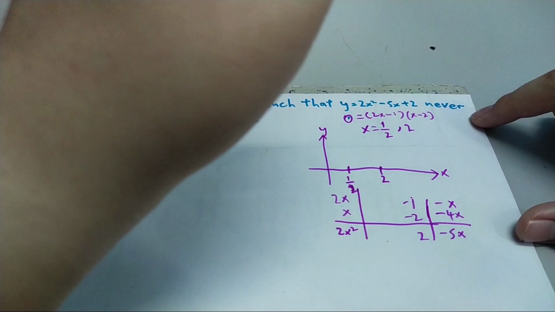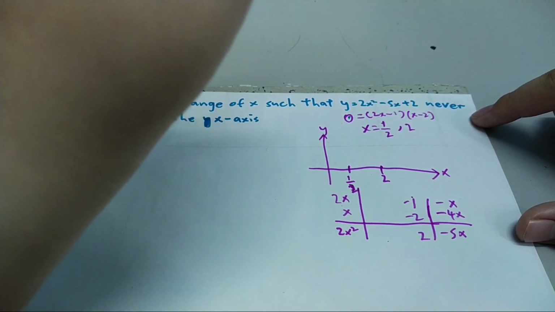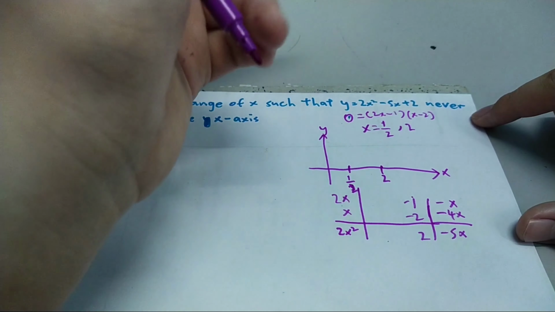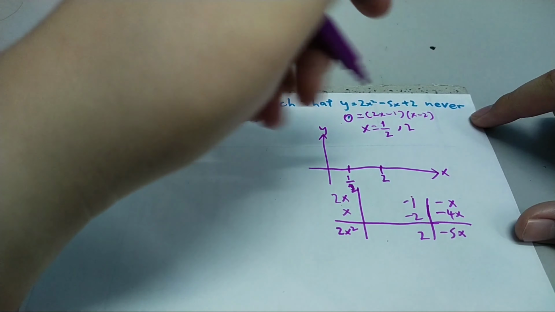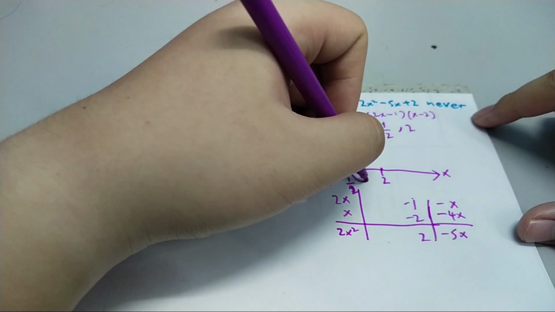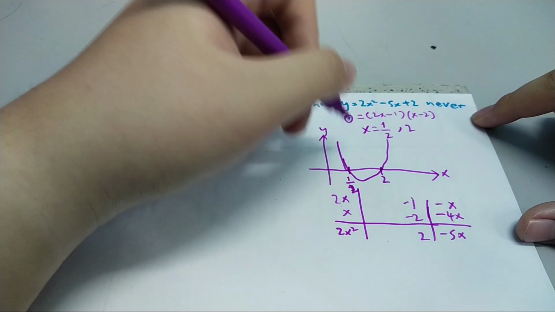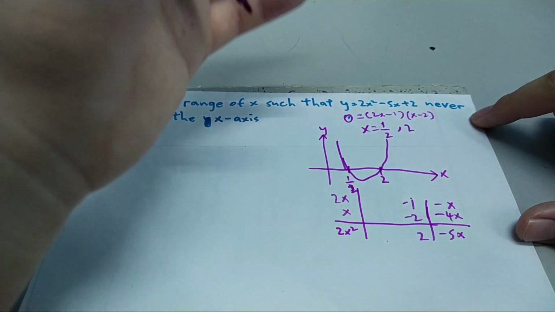Since the coefficient of x squared is positive, the parabola is a U-shaped curve, so we will get something like this, just roughly sketched to illustrate the situation.